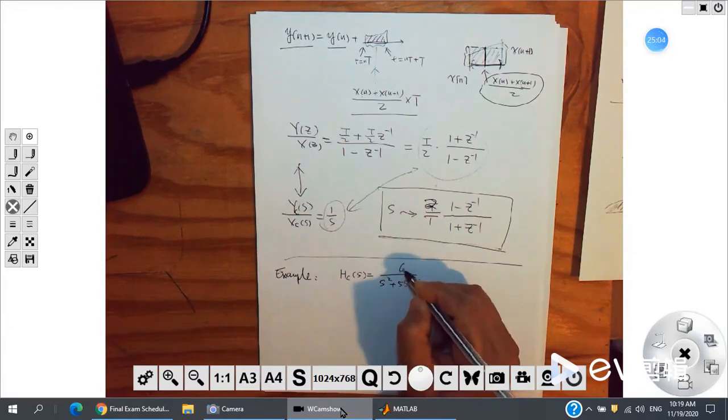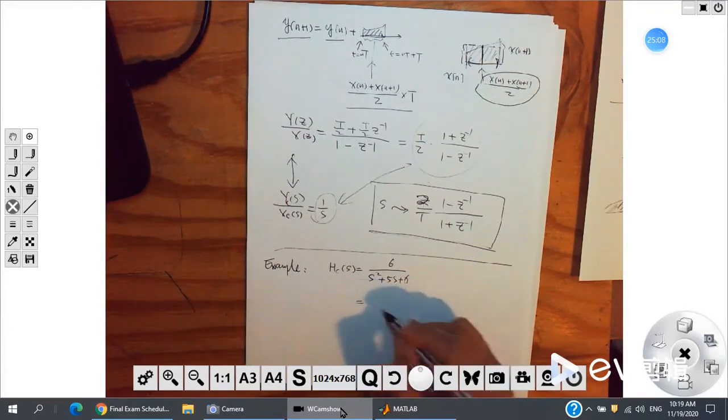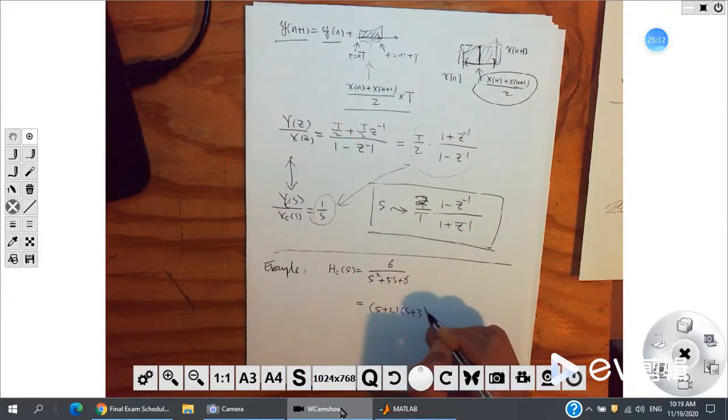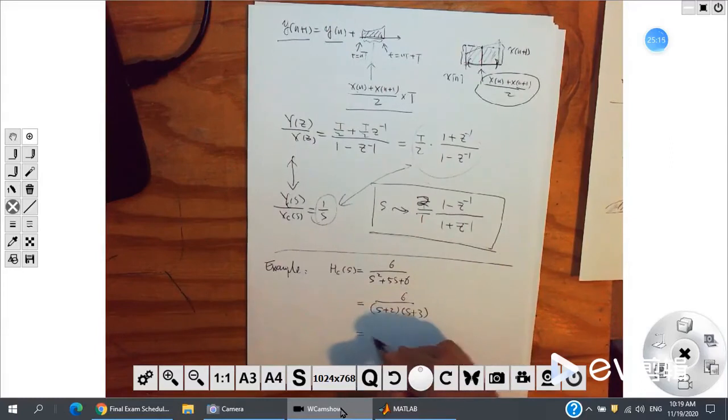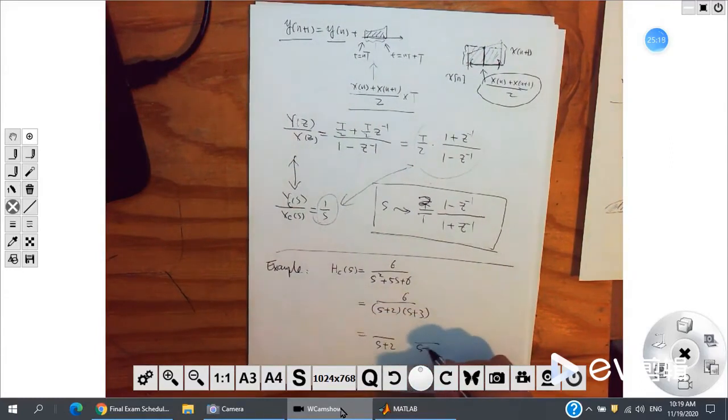Then I can write the denominator as (s plus 2) times (s plus 3), with 6 over it. It will be a over s plus 2 and b over s plus 3.